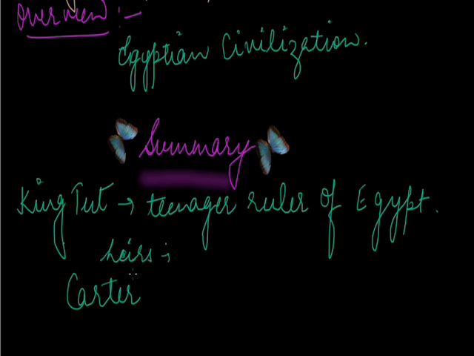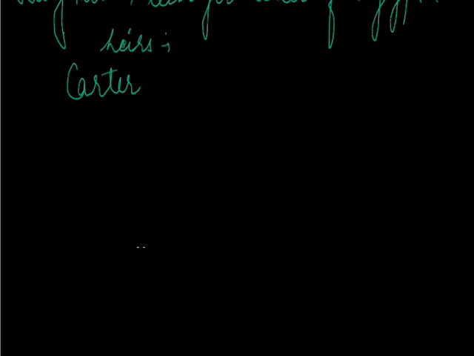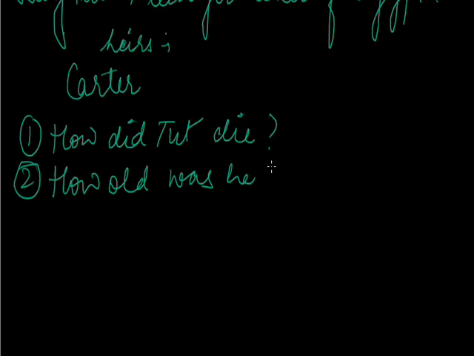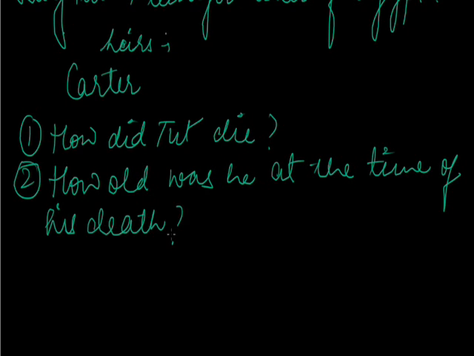A CT scan can answer 2 very crucial questions. Which questions? Number 1 is, how did Tut die? And the other question was, how old was he at the time of his death? Okay. So now we can get the answers to these two questions.